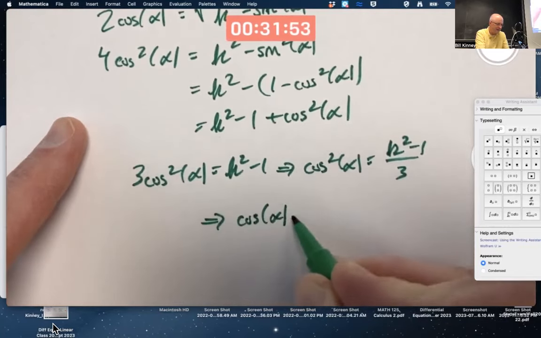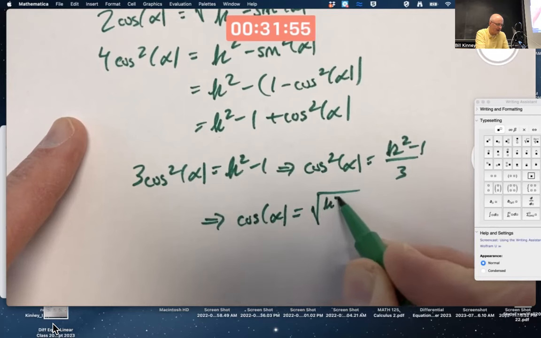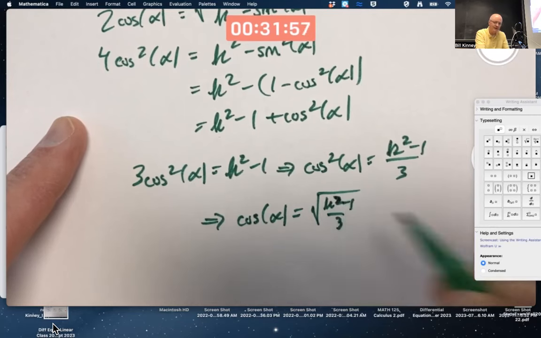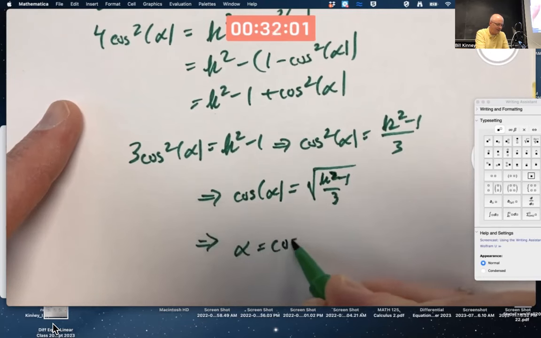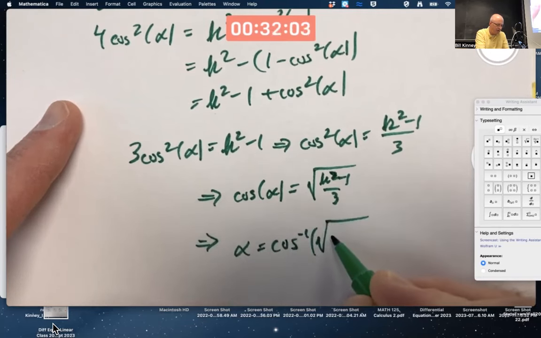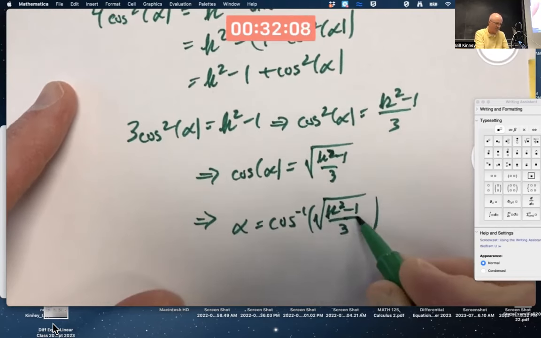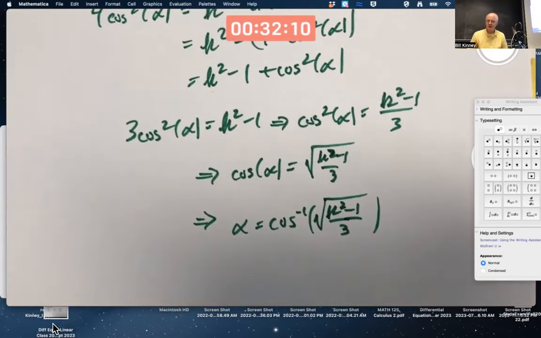Cos alpha is the square root of k squared minus 1 over 3. So it looks like alpha is the inverse cosine of the square root of k squared minus 1 over 3. Really? That's our critical point? Yep, I checked this ahead of time. This is right.